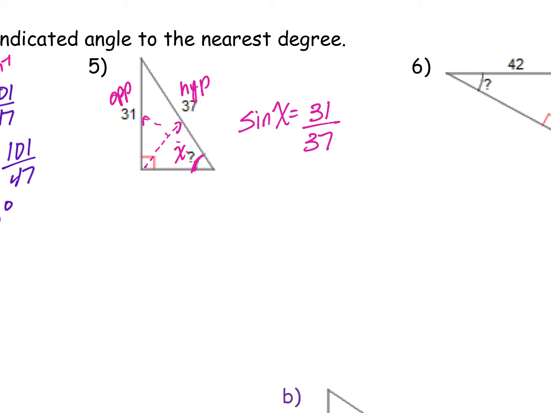But I don't want sine of x, I want just x. So I'm going to do sine inverse. So x is going to equal sine inverse of 31 over 37, which is approximately equal to 57 degrees. See, it's pretty close to 60 degrees.